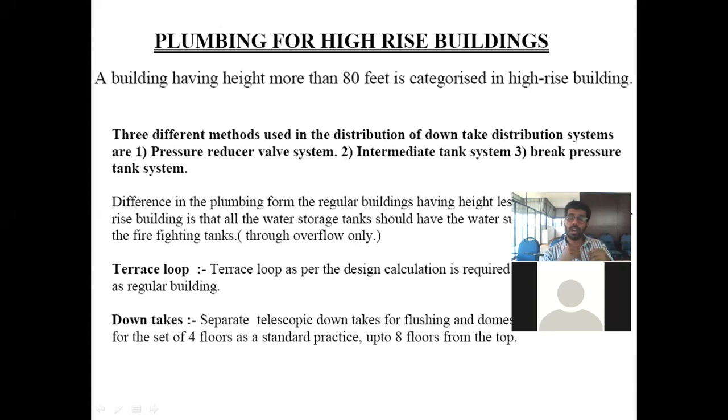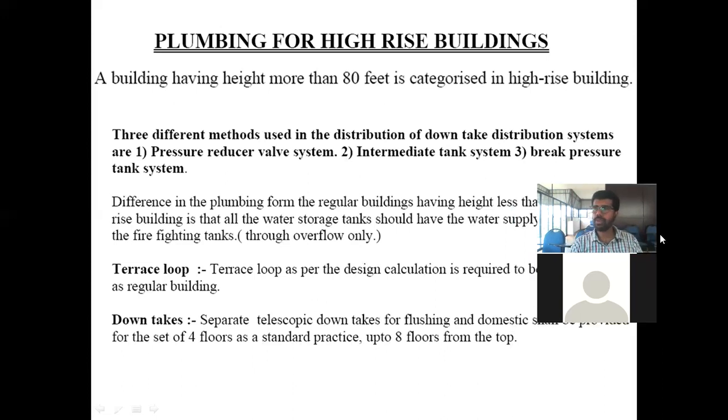What we have to do, how we have to design, is that there will be two tanks on the top floor if it's a high-rise building. One tank is the fire tank for storing the firefighting water.